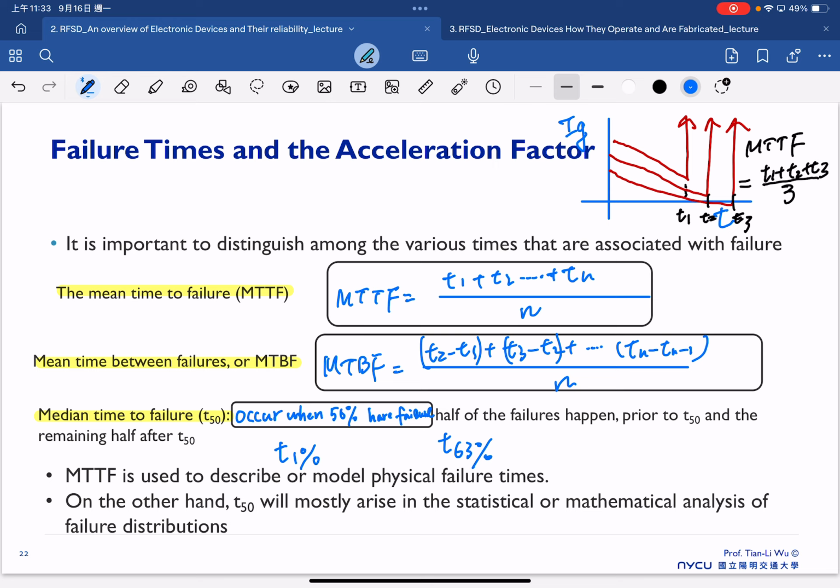Later we will discuss why it comes up with such a weird number as T63%. It is mainly due to some mathematical calculation. But T63% is important because we will use this number when we talk about the Weibull distribution.